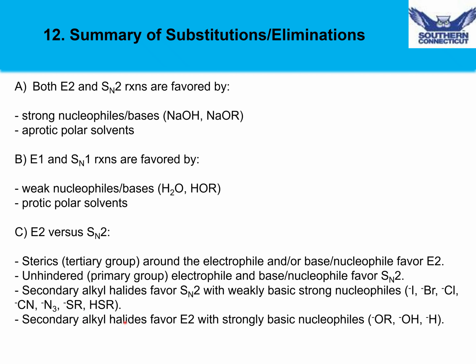We can get E2 reactions primarily from secondary alkyl halides if we use strongly basic nucleophiles. Good examples of that are molecules that have an oxygen with a negative charge, so RO- or hydroxide. Usually those will favor elimination with secondary alkyl halides.